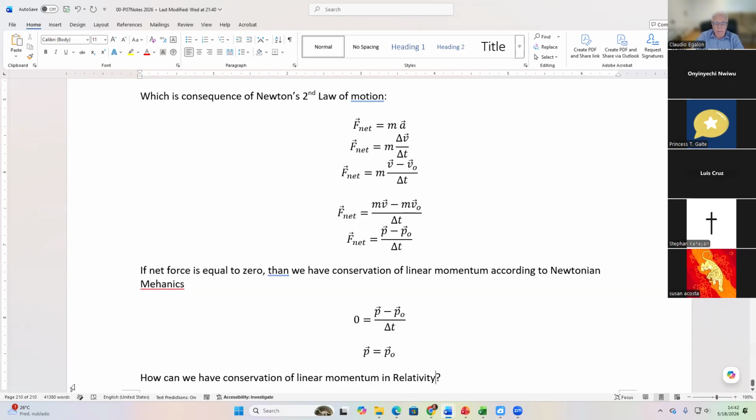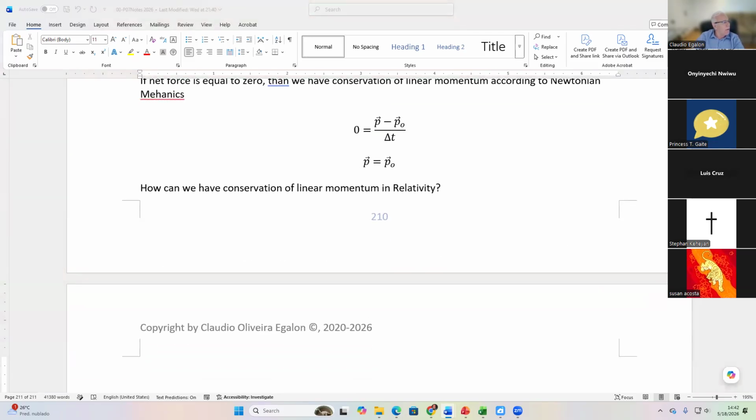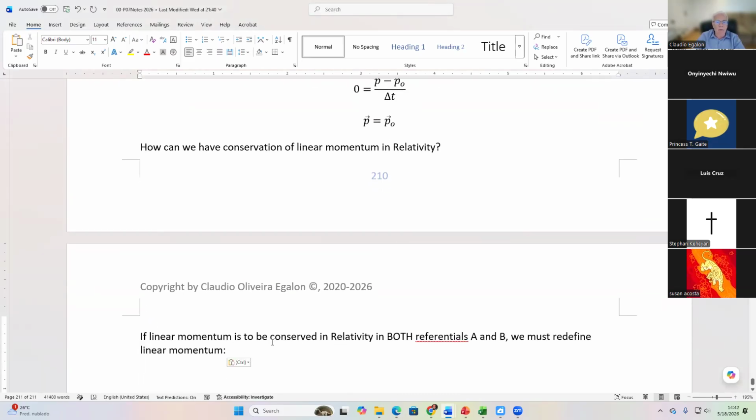So Einstein sought and sought and sought, and then he discovered the following. If linear momentum is to be conserved in relativity in both referentials A and B, we must redefine linear momentum. Think about that.